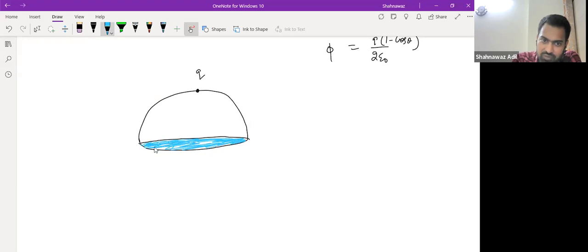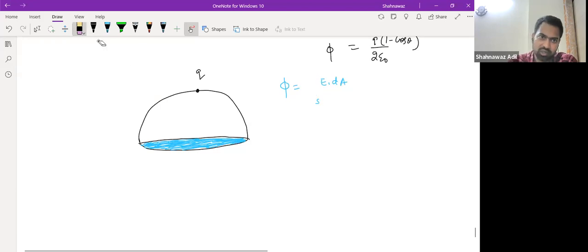Because if you want to calculate the flux by doing the integral, this would be E dot dA, and this is not a closed surface, it is an open surface, so this would not be a closed integral but an integral, right?